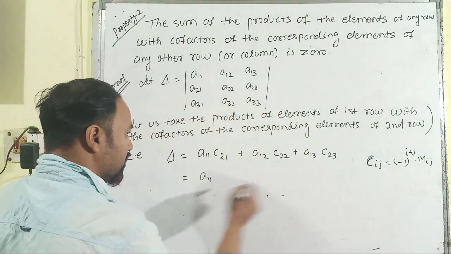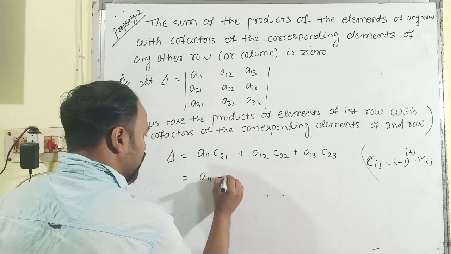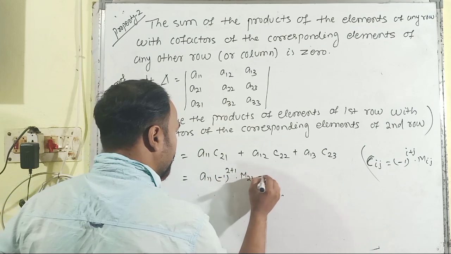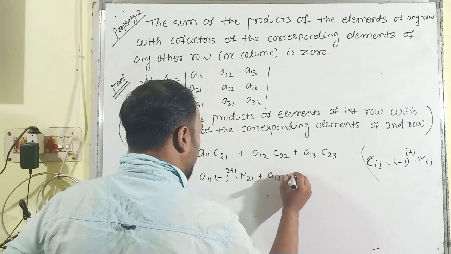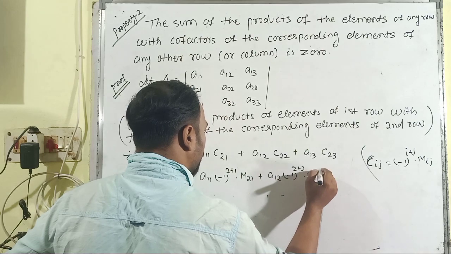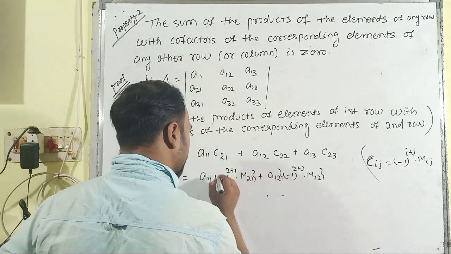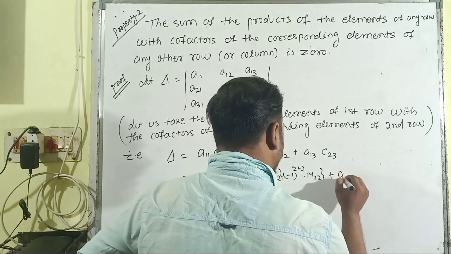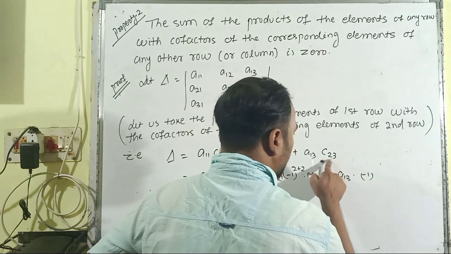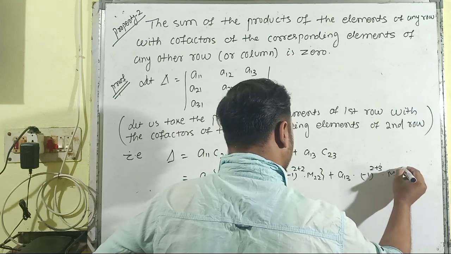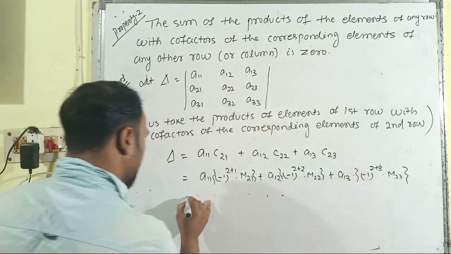So by using this property, A11 multiplied with minus 1 to the power 2 plus 1 times M21, A12 multiplied with minus 1 to the power 2 plus 2 times M22, then A13 multiplied with minus 1 to the power 2 plus 3 times M23.